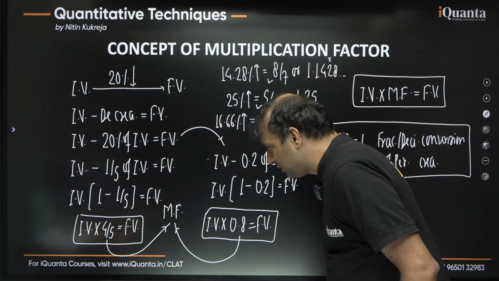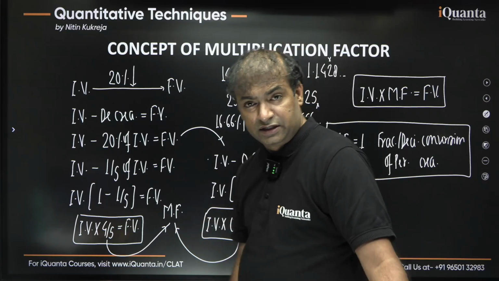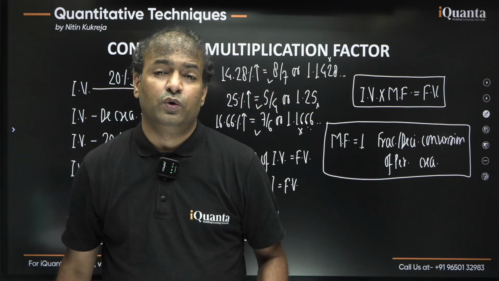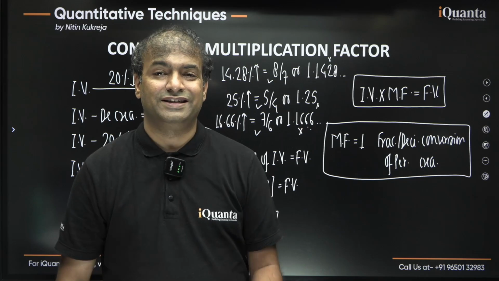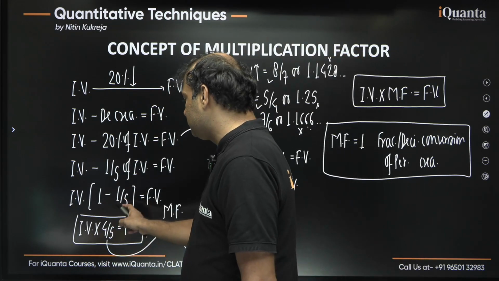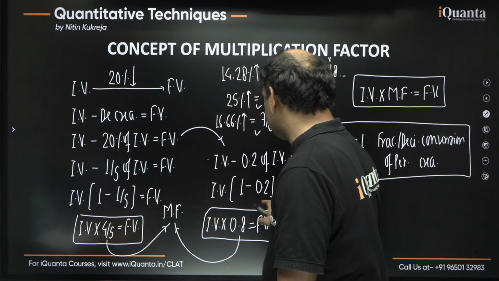And guys, this time, either you say 4 by 5 or you say 0.8, they will be the multiplication factor, just like we were doing in percentage increase. We'll be finding the multiplication factor in percentage decrease. The only difference is what? Last time, you were adding these conversions to 1. Now we are subtracting these conversions from 1.